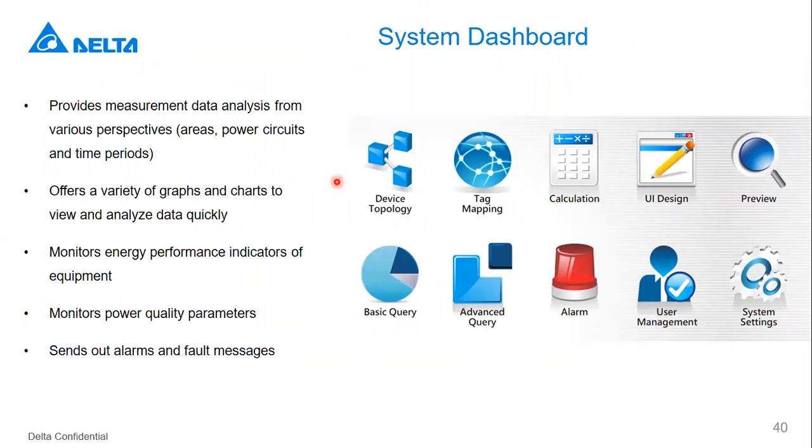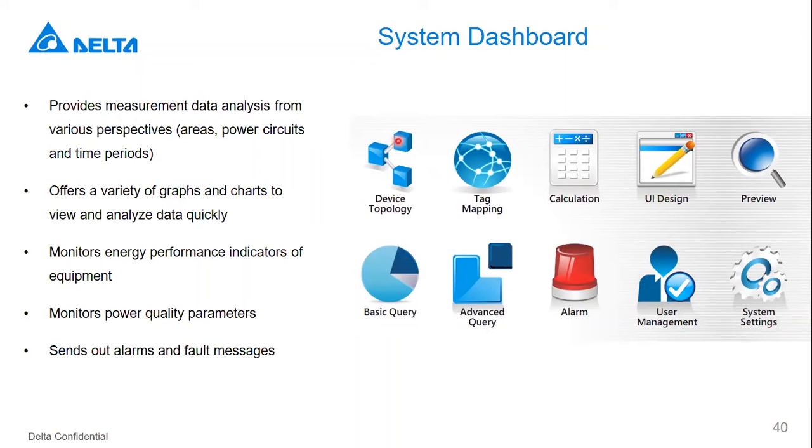And this is the system dashboard. System dashboard means this is the existing function. When you log into the system, you can come to this page. And there are several functions I would like to highlight to you. Like the first 1, 2, 3, 4. These 4 focus on developing, like the device topology, tag mapping, or some calculation, or some logic I want to do by VB script, and also the UI design.